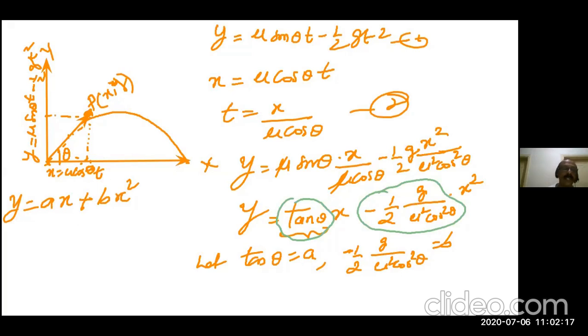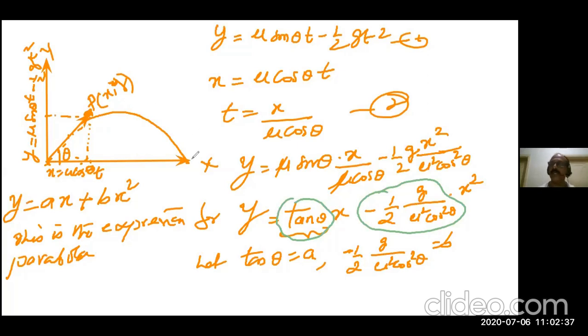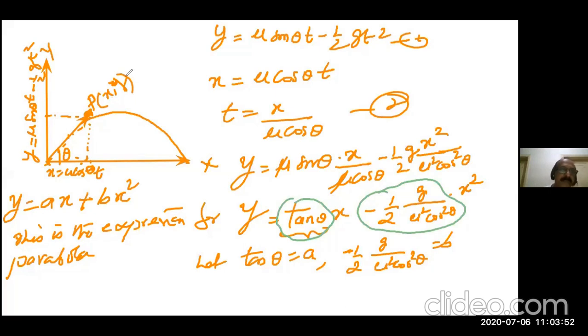You will get y. Plot a graph, and your graph will be a parabola. This is the proof. Is it clear? This is the expression for a parabola. Hence, it proves that a projectile is traveling along a parabola. Right. Write it out. If any part you don't understand, tell me.